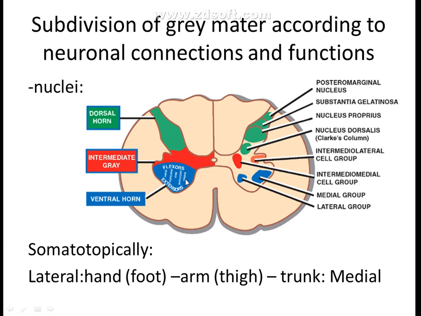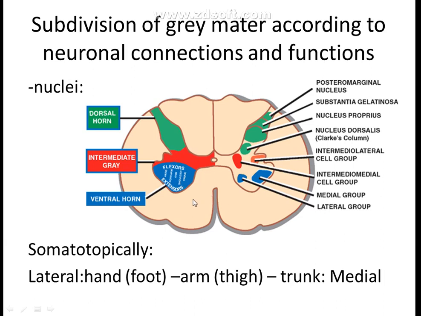Initially, the general arrangement done in the earlier studies divides the H-shaped gray matter into a ventral horn, which is motor, a dorsal horn, which is sensory, and an intermediate horn in between.